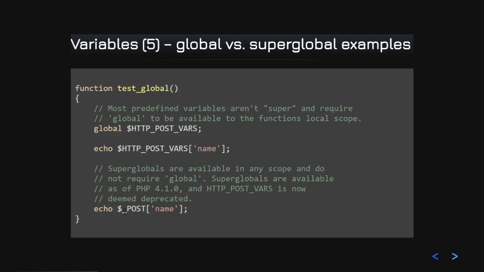As opposed to _POST, which is a superglobal array, which does not need to be defined as global inside this function. So we just use it because the scope of this array is superglobal and the scope of this array is just global.